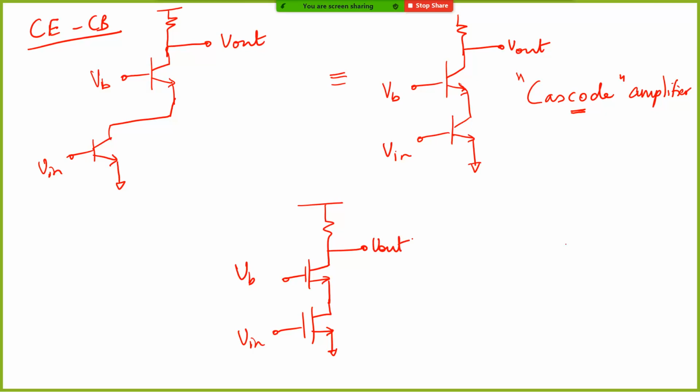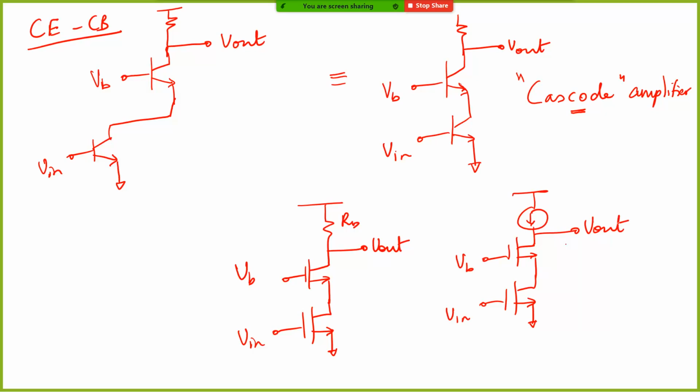Many times for cascode amplifiers, you do not use a resistive load; you will instead use a current source load, because a current source load will provide you with better output impedance and so on.